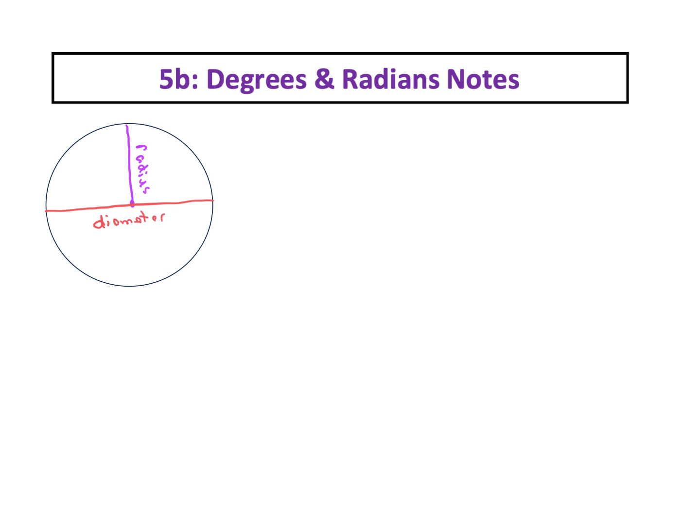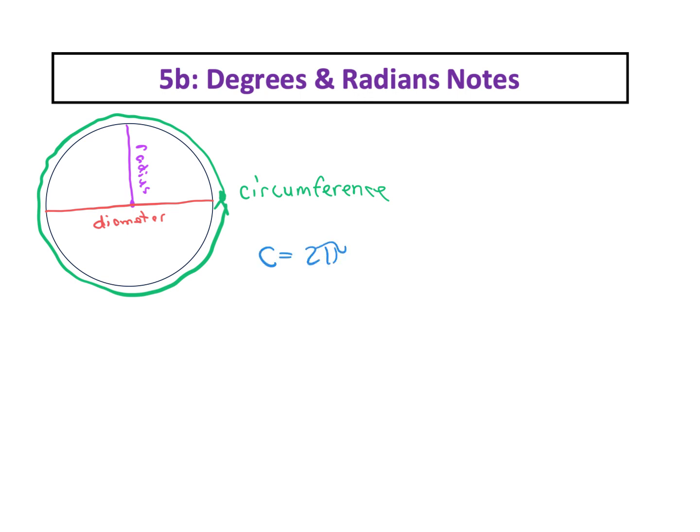And our distance around a circle, starting and going all the way around, that is your circumference. And we've already talked about in class that the formula for circumference is 2 pi r.